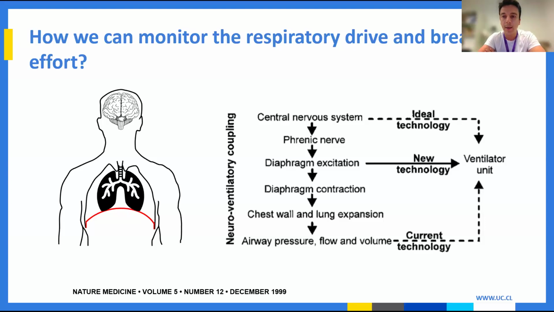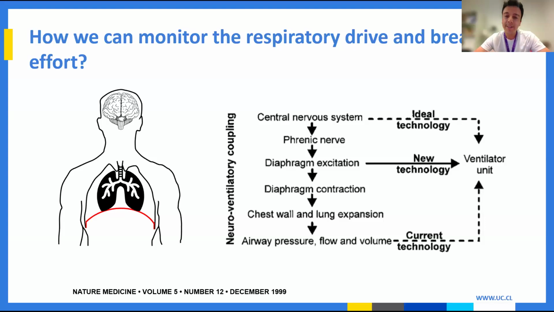Every time we breathe, we need to understand there are different steps, starting from the central nervous system, with our brainstem and the respiratory drive, and then the phrenic nerve, diaphragm excitation or depolarization, and then you have the diaphragm contraction, chest wall and lung expansion, resulting in the airway pressure, flow, and volume that we usually observe in clinical practice.